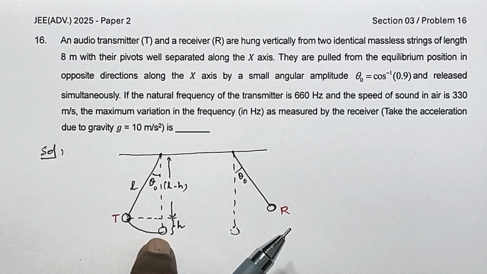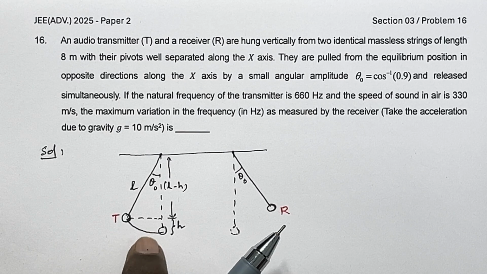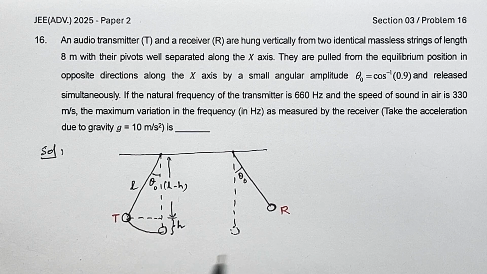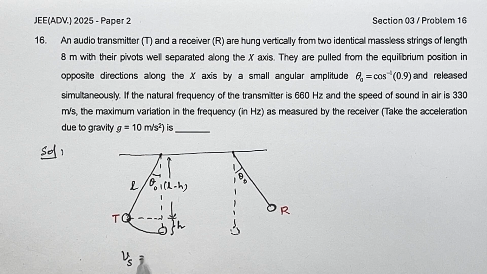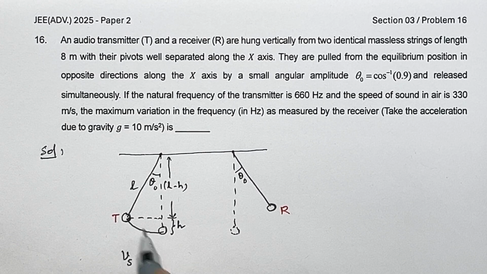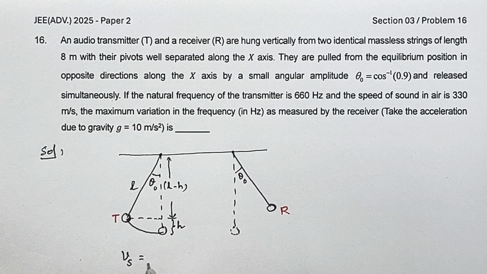So when it comes down the H height, the velocity of this source, because the transmitter is transmitting signals. What formula do we know? When it comes to the mean position, the maximum velocity is root of 2gl into 1 minus cos theta.